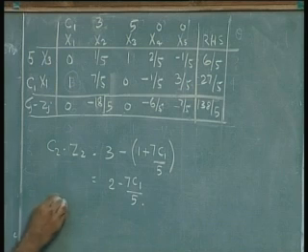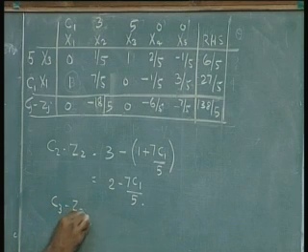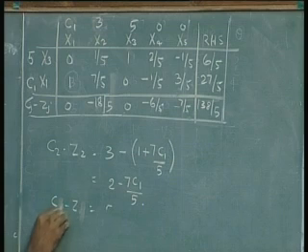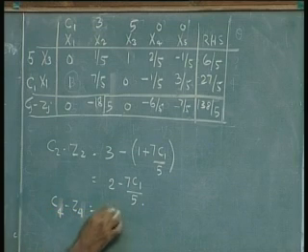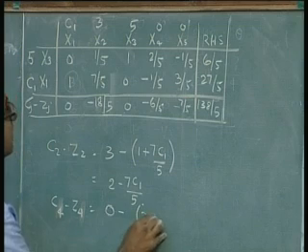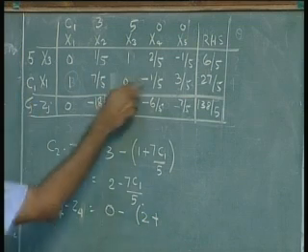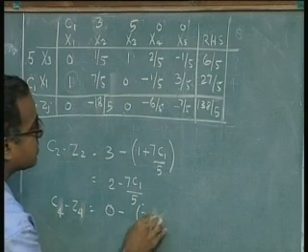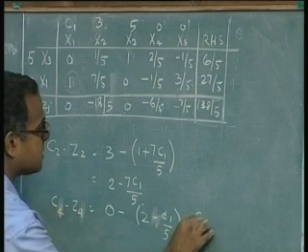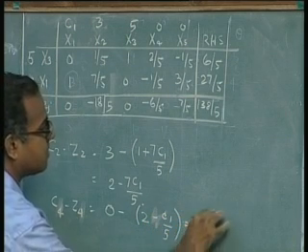Now C3 minus Z3 will be, C4 minus Z4 will be 0 minus 5 into 2 by 5 is 2 plus C1 into minus 1 by 5, so minus C1 by 5, which is C1 by 5 minus 2.